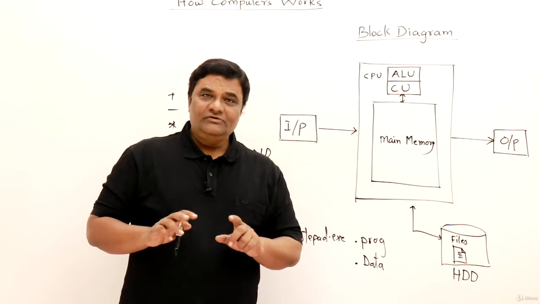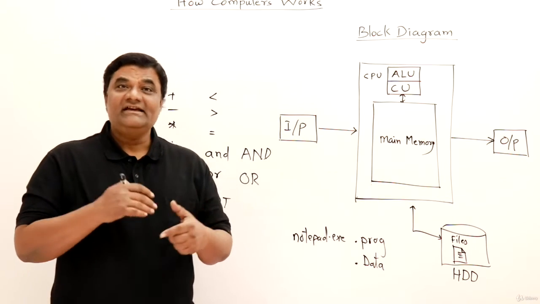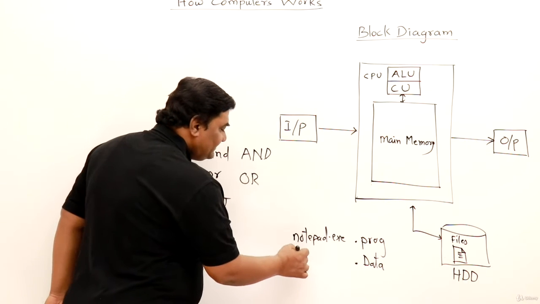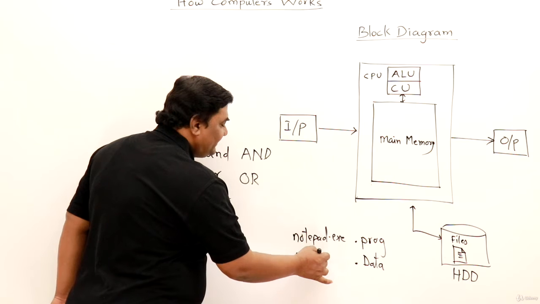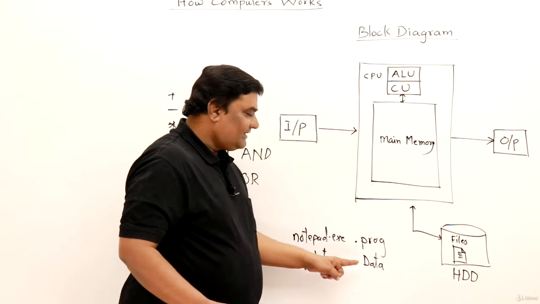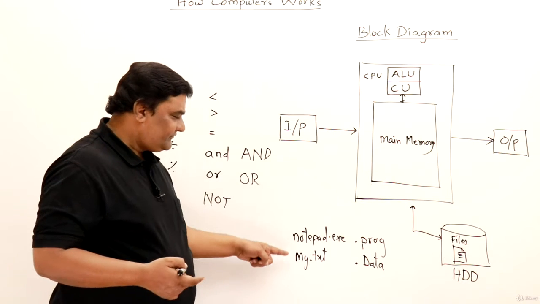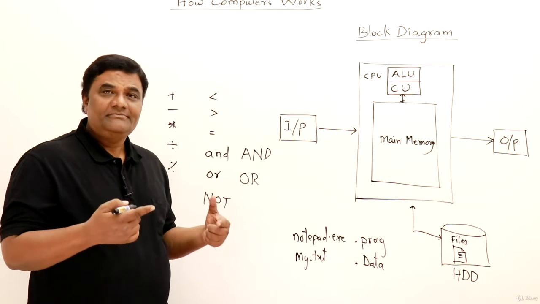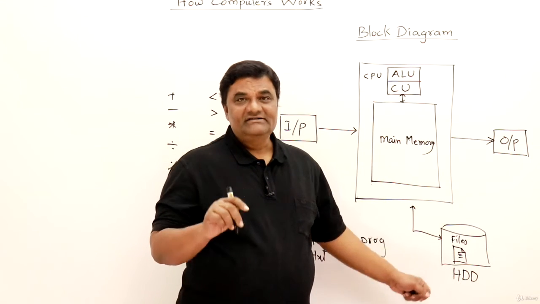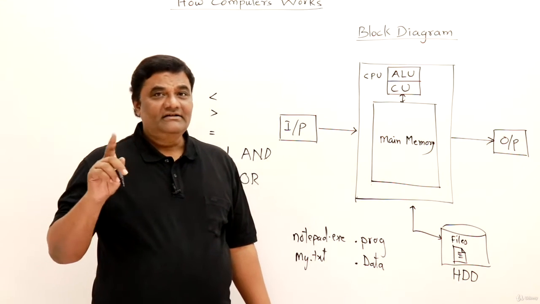Now inside Notepad, if you type something and save, it will be saved as a text file. So you may be saving it as my.txt file, right? This is a program file and this is a data file. This data file is used by Notepad or generated by Notepad. So finally, hard disk contains two types of files, program files and data files.